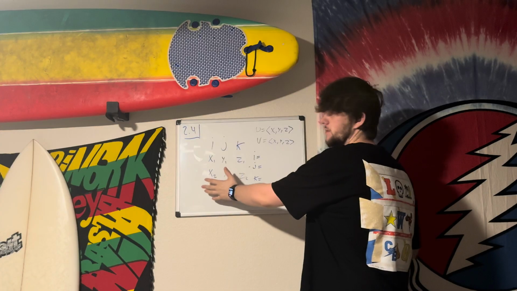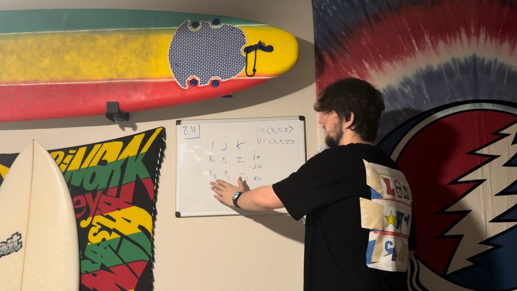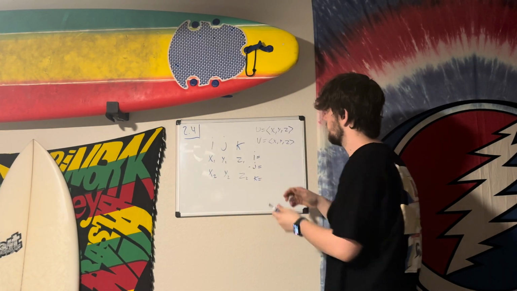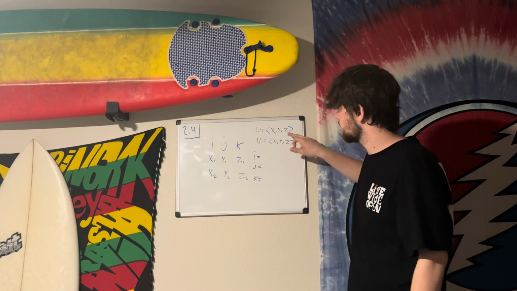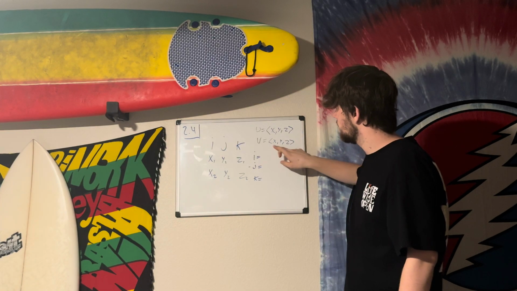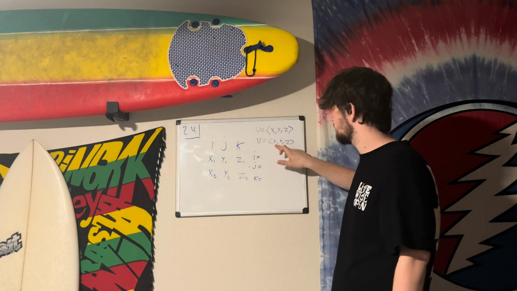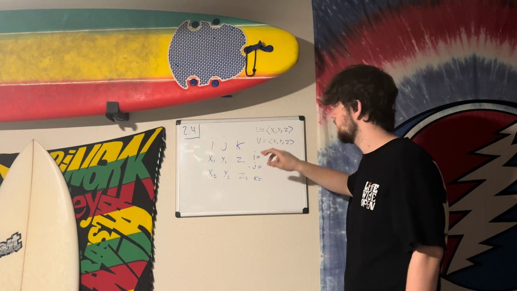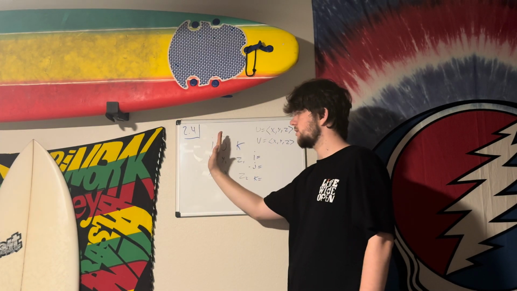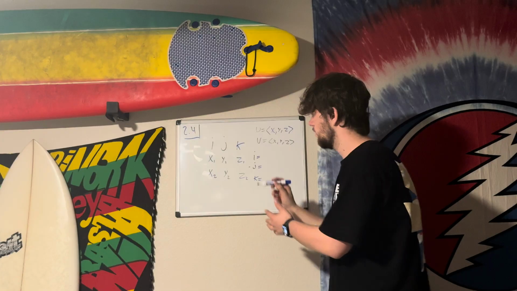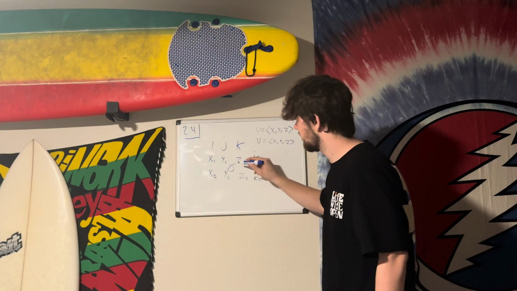This is called determinant form. When you try to find the i of the cross product of u and v, this is the x portion. To find the i, we cross out the i that's in our head, and then we do a little loop, called a Hershey kiss.